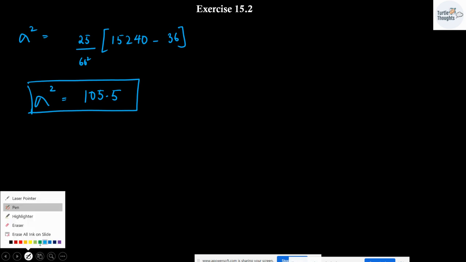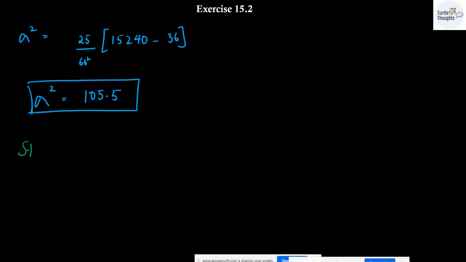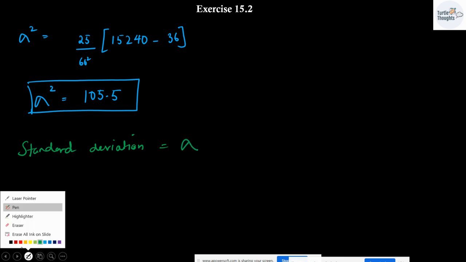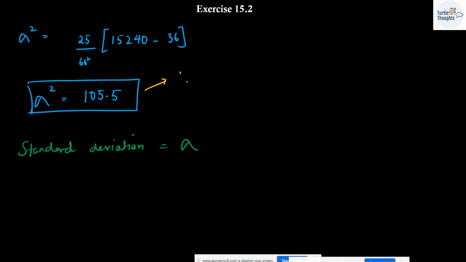Now the standard deviation is given by just sigma. Sigma square is going to be the variance. Once you have found out the variance, it is easy to find out the standard deviation.